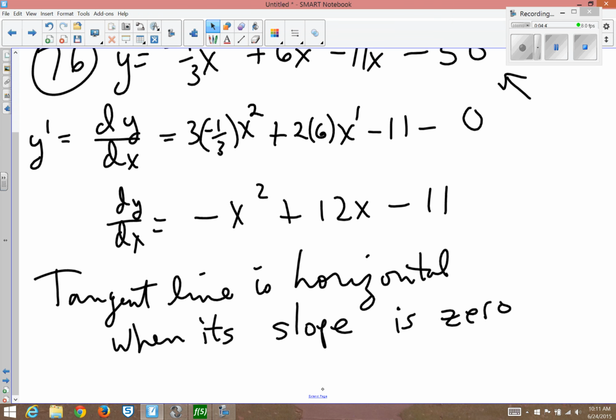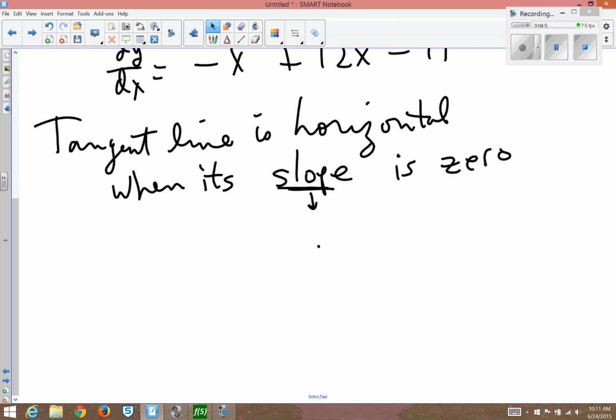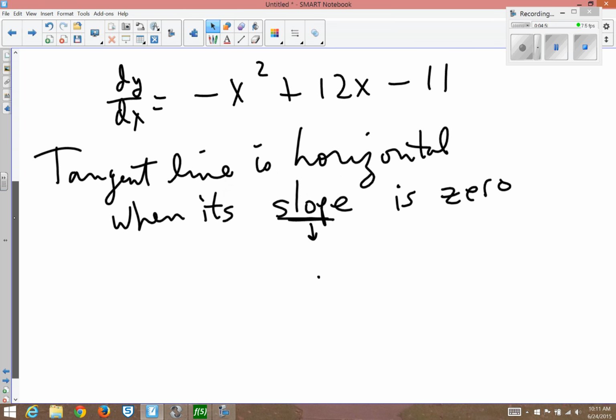So the key concept here is the slope of the tangent line is the derivative. The slope of the tangent line is the derivative.